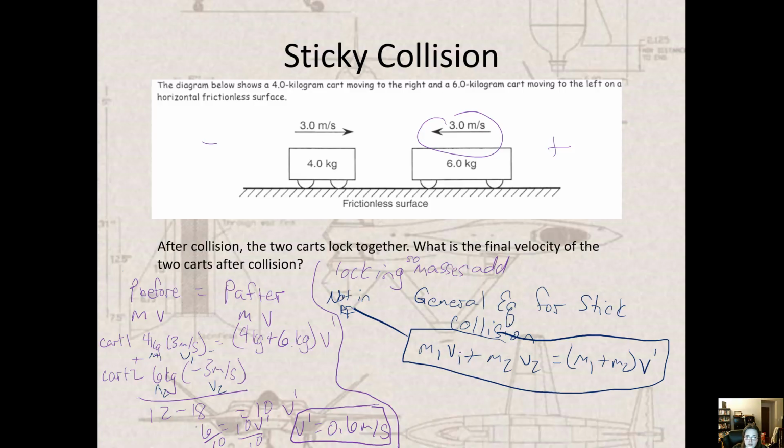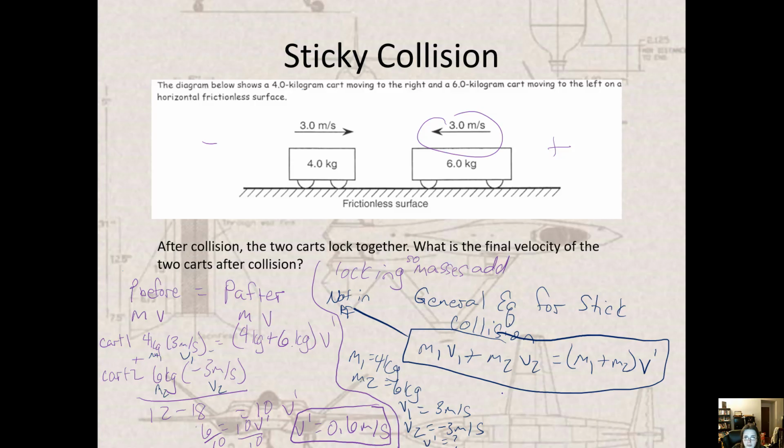Okay, so then we can solve for whatever you want. You have 5 unknowns, and they'll give you 4 of them. So now we know that M1 is equal to 4 kilograms, M2 is equal to 6 kilograms, V1 is equal to 3 meters per second, V2 is equal to negative 3 meters per second, and V prime is what we're looking for.